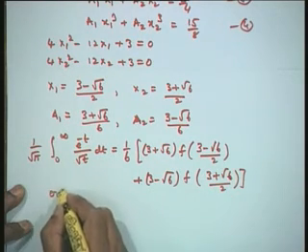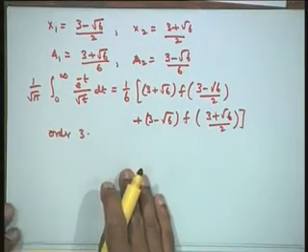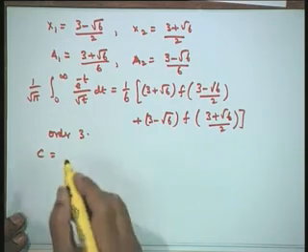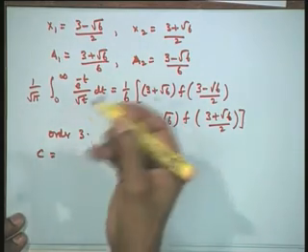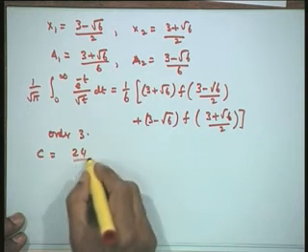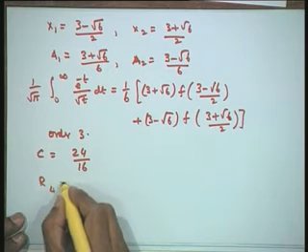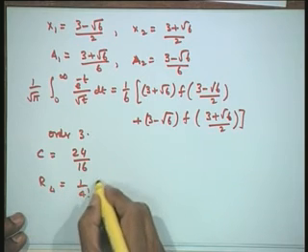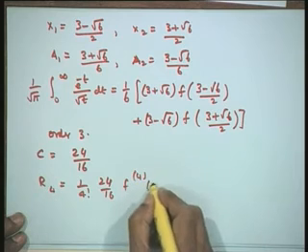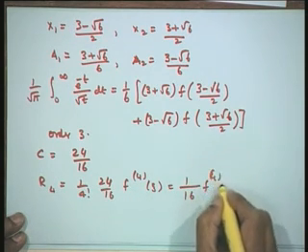Of course, the order we made is 3. To find the error constant, we take the next term, that is t to the power of 4, and what I would get here is simply c is 24 upon 16. So the remainder is 1 upon factorial 4 times 24 by 16 f4 of xi, that is simply 1 upon 16 f4 of xi.